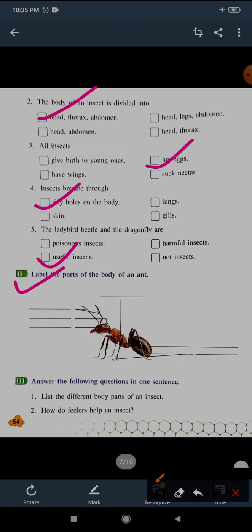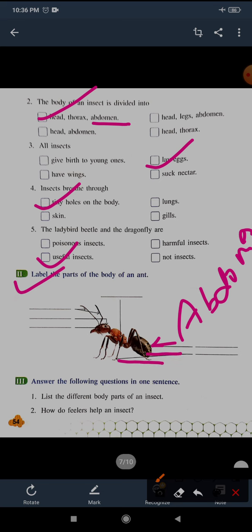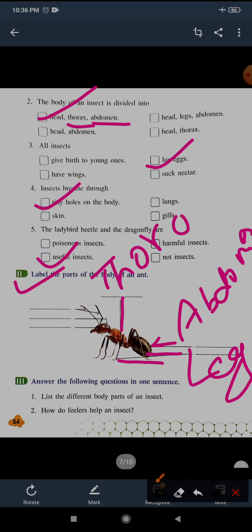Label the parts of the body of an ant. You can see here the last one, it is the abdomen, A B D O M E N. You can see the spelling of abdomen. This is in pairs. What is in pairs? It's the legs. This upper one is called the thorax. These upper two antennas are called feelers, as we feel with our skin.